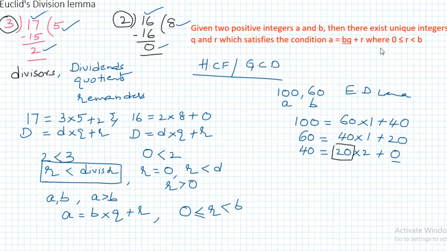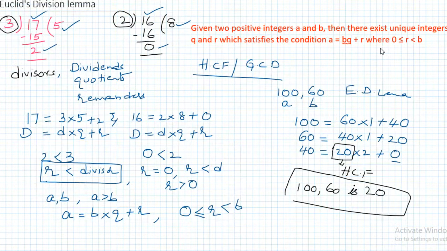That divisor is our required HCF. So HCF of 100 and 60 is 20. Like this, we can solve HCF for two numbers depending upon Euclid's division lemma.